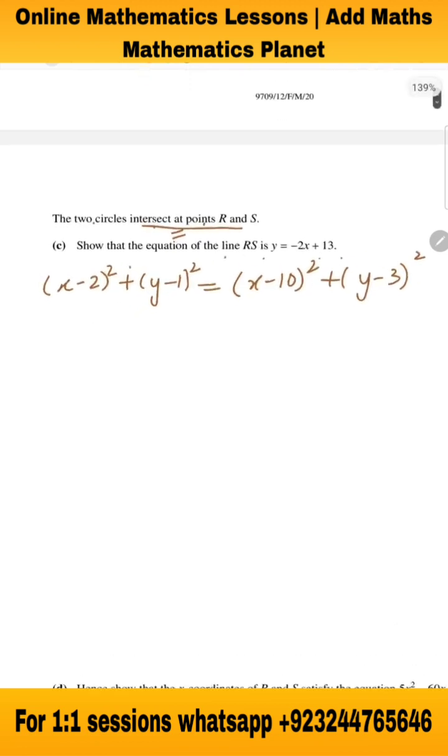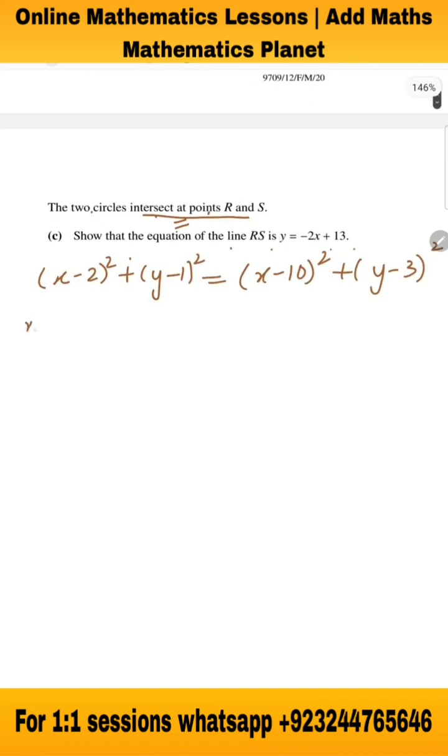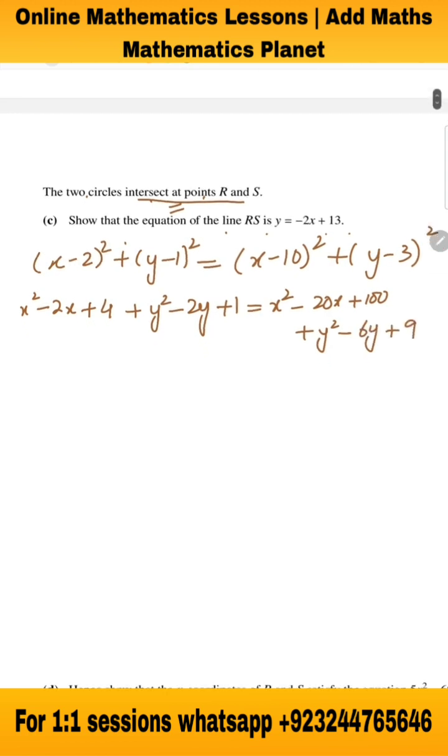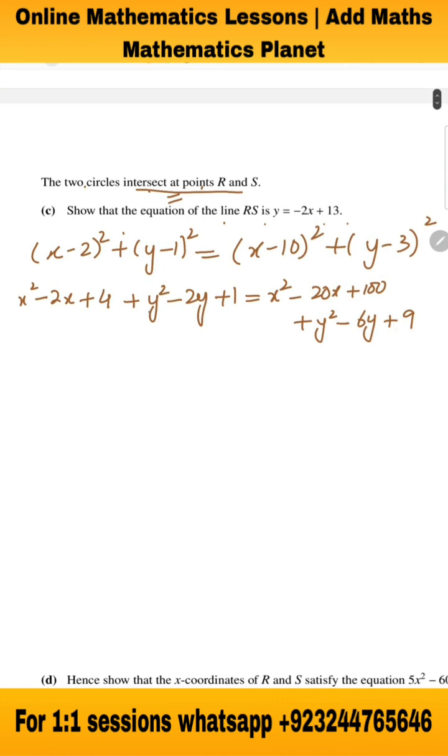So let's solve them. Okay, so a square minus 2ab plus b square on one side, and a square minus 2ab plus b square on the other. Here, 2 into 10 into x is 20x.